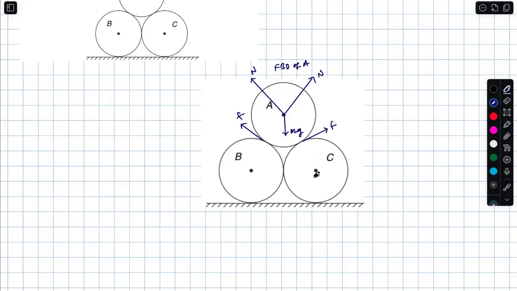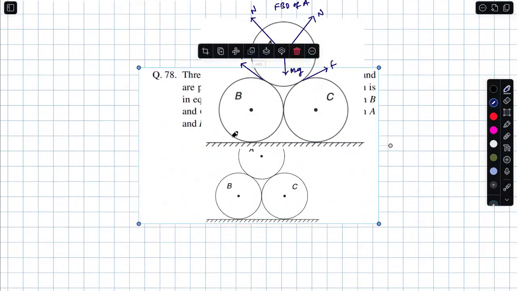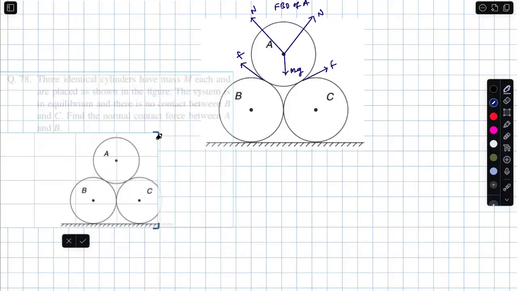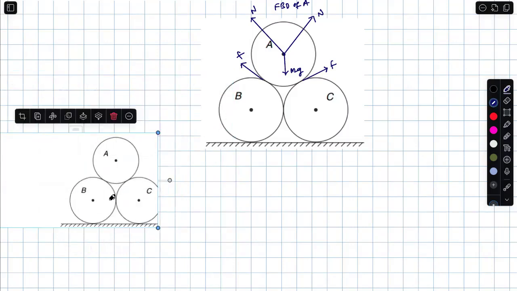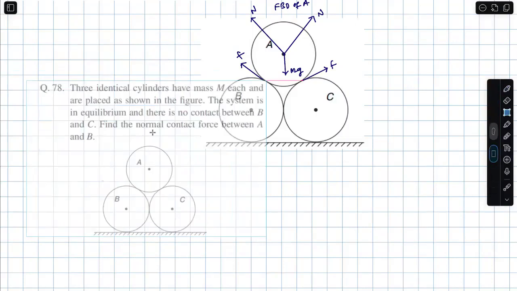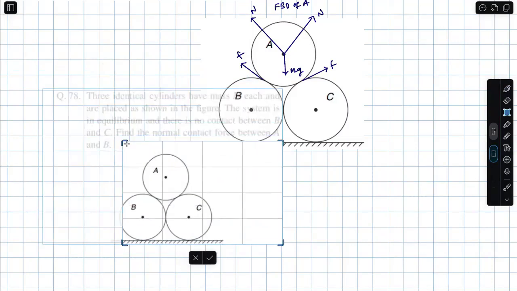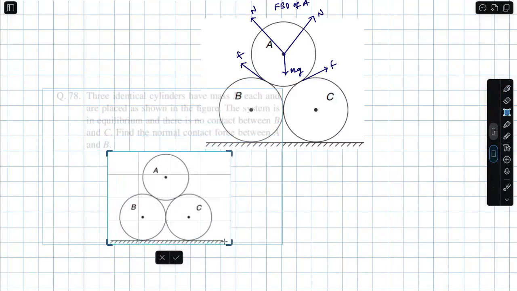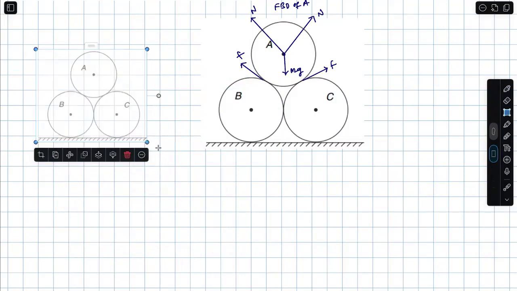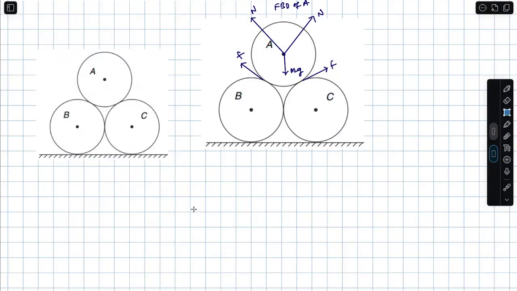Now, similarly, draw the free body diagram of B. Now I am drawing the free body diagram of B.